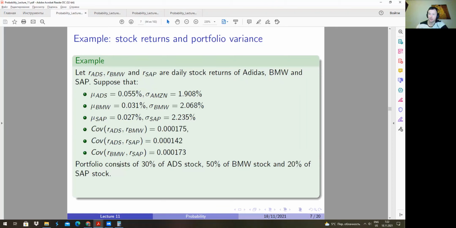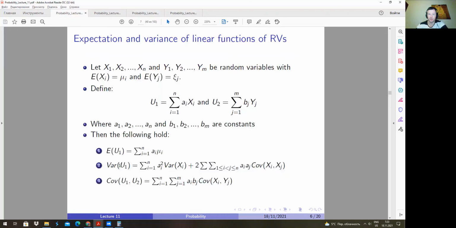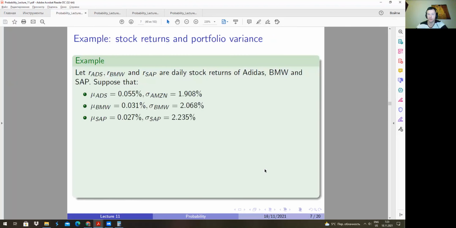So now let's go back to that general formula that we used. What do we have? We have three random variables, which are stock returns. We have coefficients, which are the portfolio weights. And we have the characteristics of these random variables, which are expectations, variances, and covariances of these returns.